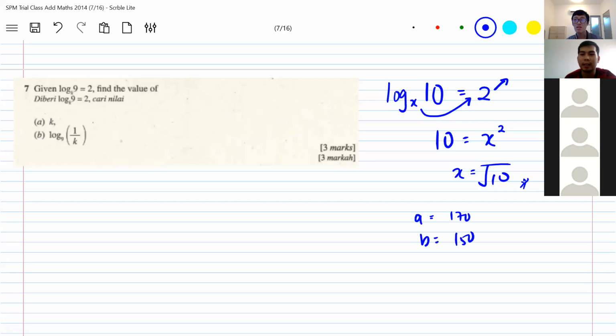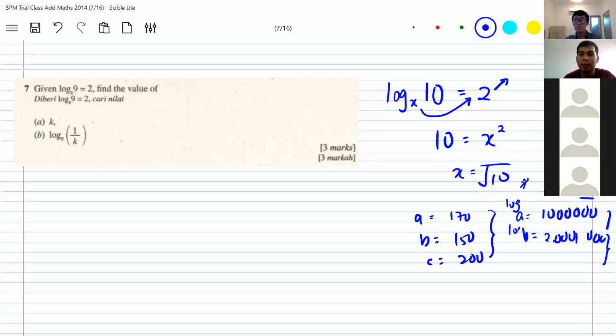Person B, his height is 150 cm. Right? Person C, his height is 200 cm. Okay, these are very easy to handle because the numbers are very small. But say B is equal to 2 billion, I don't know, right? And then it gets very tedious to handle big numbers. So what you can do is you log a number, log B will give you a smaller number, and then it will be easier to draw a graph instead of bigger numbers.